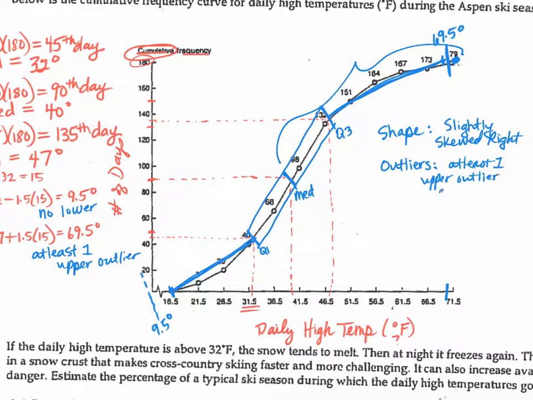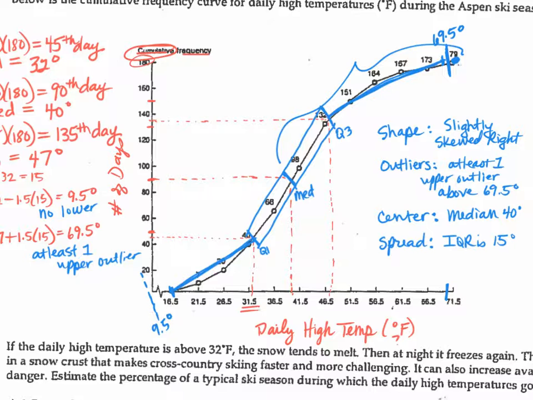Do you see how specific I am? 69.5 degrees. Okay, what comes next? Center. And what is my center? Median of 40 degrees. Okay, and what's the last thing to describe the distribution? Spread. What's my spread? IQR is a 15-degree span.